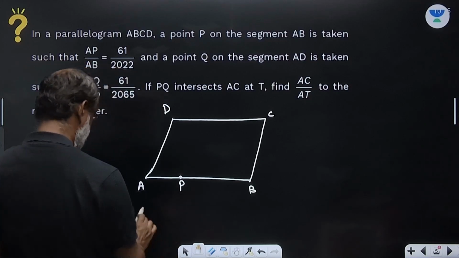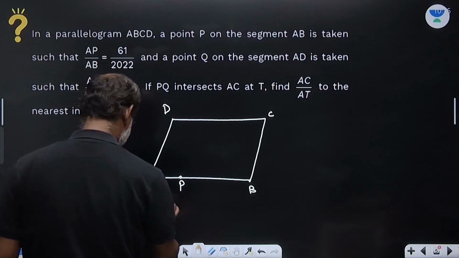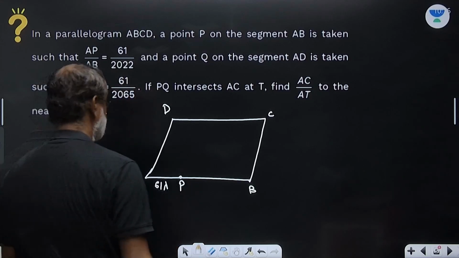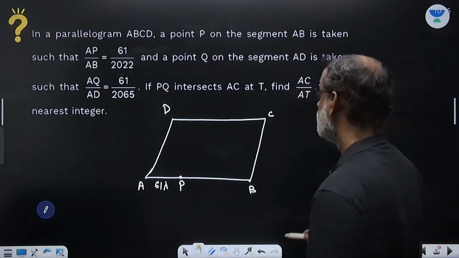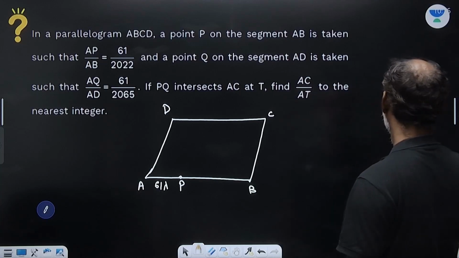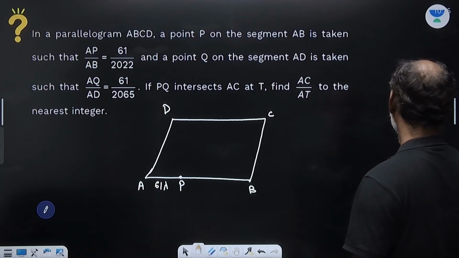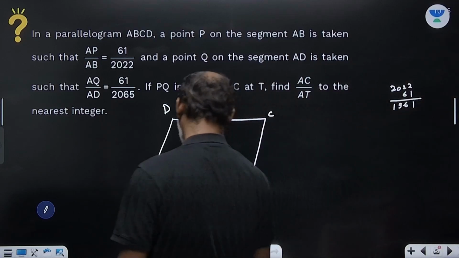AP is to AB. So, this is 61 lambda, say for example. PB would be 2022 minus 61, 1961 lambda.